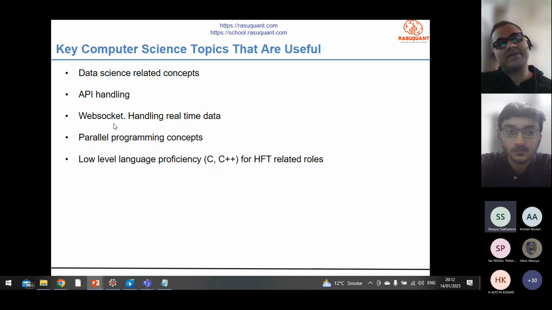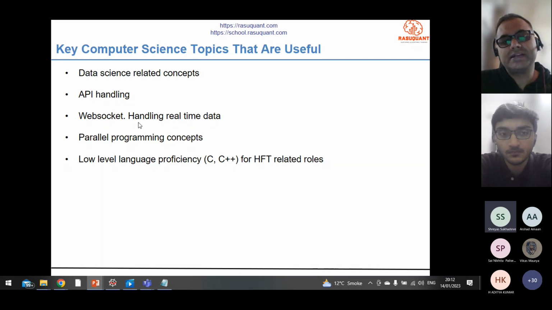WebSocket programming is very important because, just like I showed you, real-time streaming data is very important, and you should know how to handle real-time data. So try to get a good handle on it.